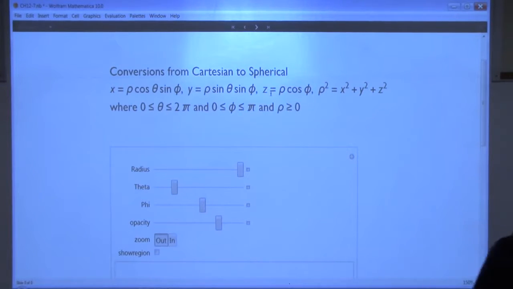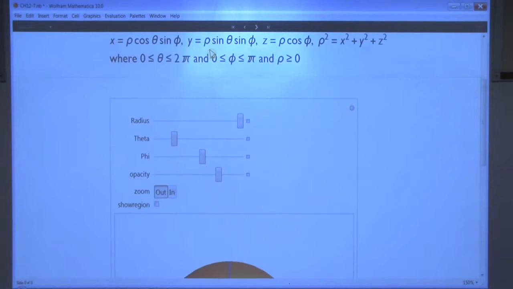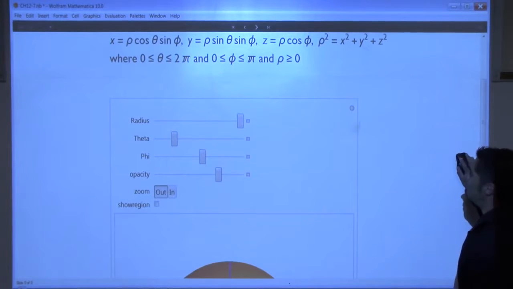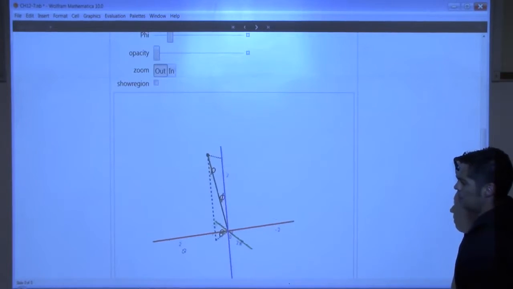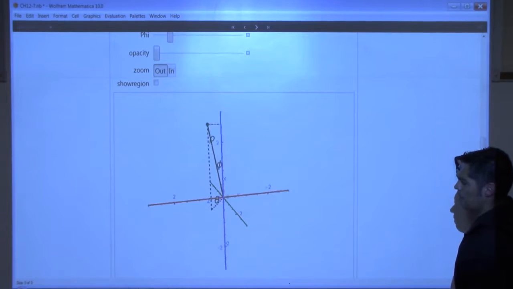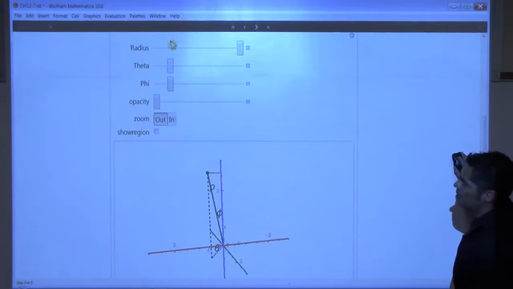So what does this coordinate system look like? Let me get back to my initial settings here. All right, so imagine that you have the XYZ three-dimensional space.